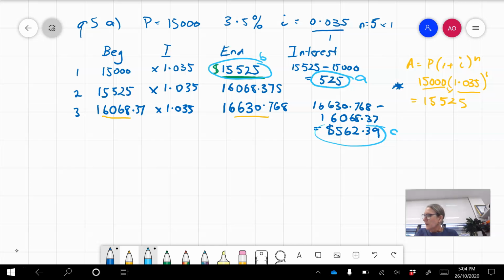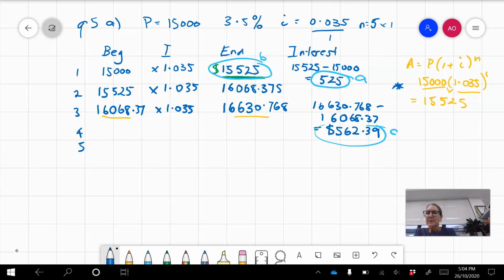All right, now to answer D, which is the total value, you could keep going on here and do years 4 and 5. That would be a method that you could use and you will come out with the right answers. However, I'm just going to use the compound interest formula and change it up a bit for you.